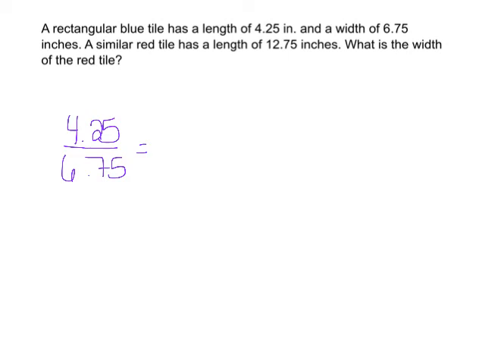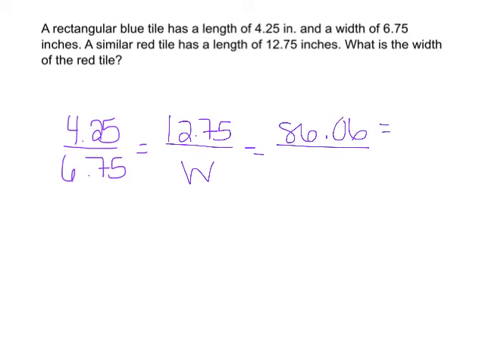And I need to figure out where to put 12.75. And if it's length, and I already put length on top here, then I'm going to put 12.75, and I'm going to try to find its width. So 12.75 times 6.75 equals 86.06 equals 4.25W.